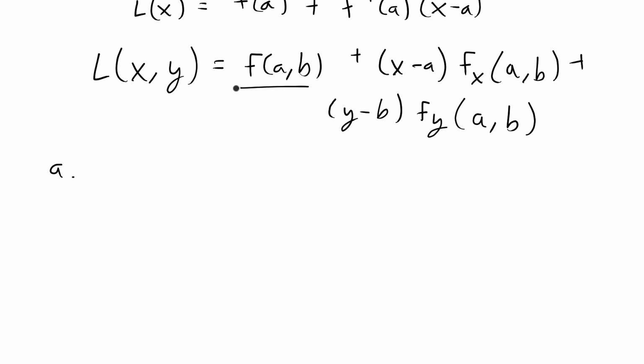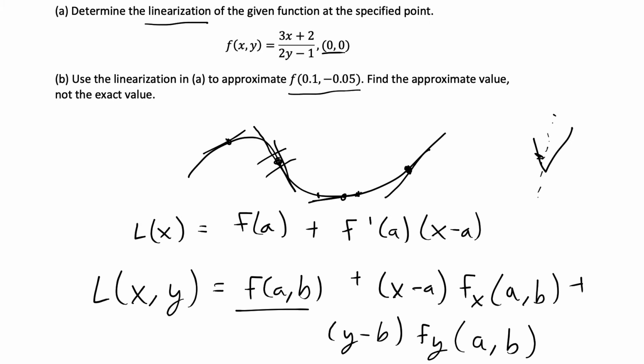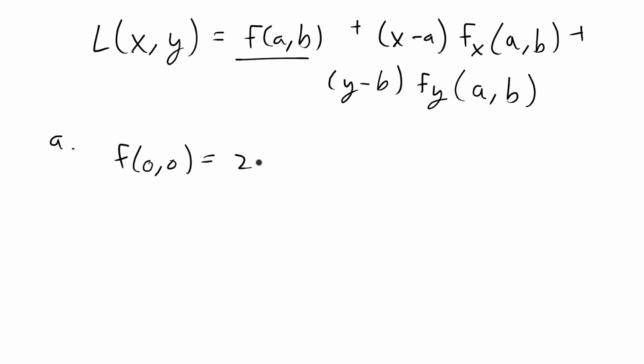For the first part, we find f(0, 0) by plugging into the function: (3 times 0 + 2) over (2 times 0 - 1), which is 2 divided by -1, equal to -2.